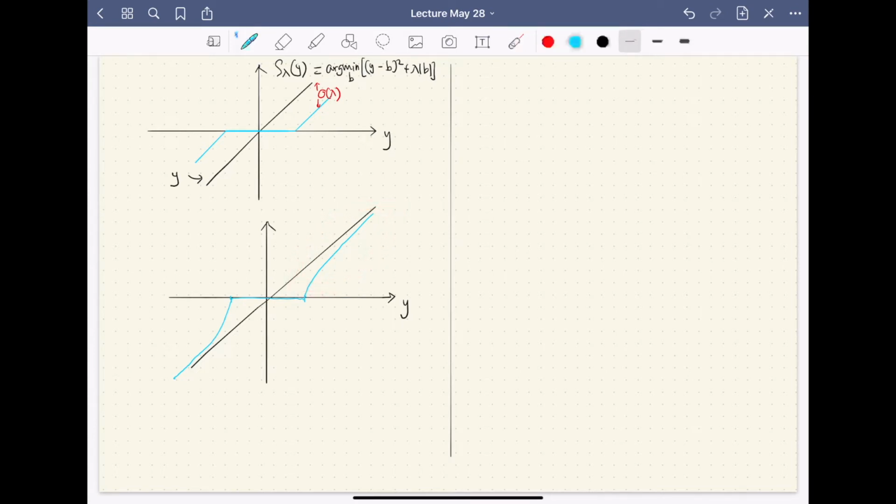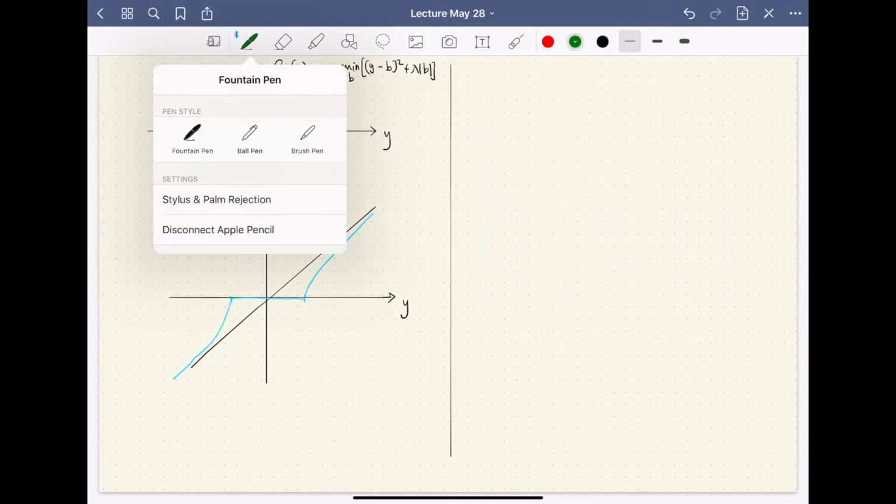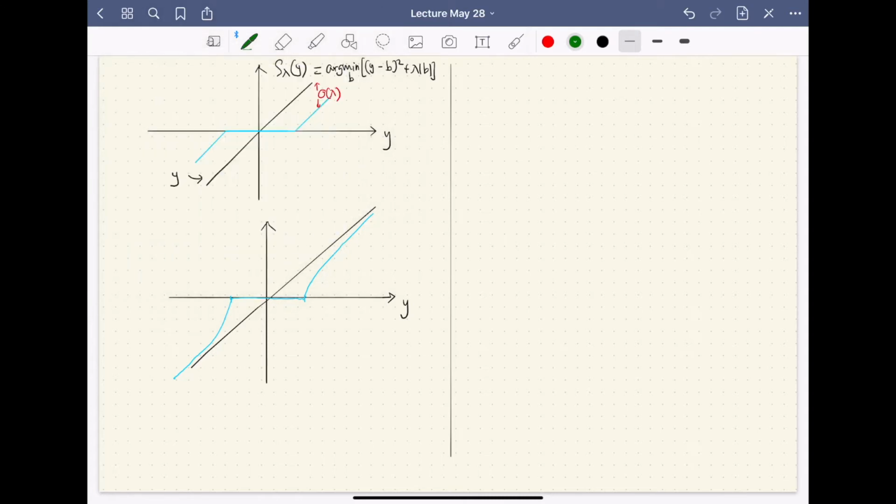A special case is the L0 penalty. What is the L0 penalty? It is called hard thresholding. What L0 does is, if the value of y is below a certain threshold, you threshold it to 0.